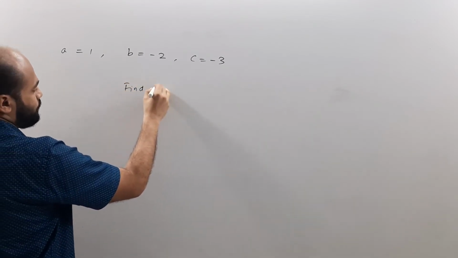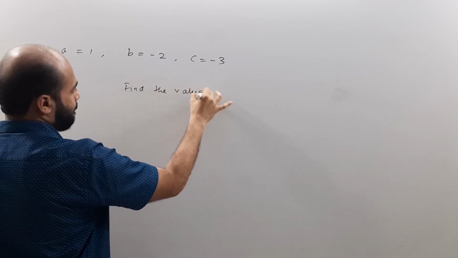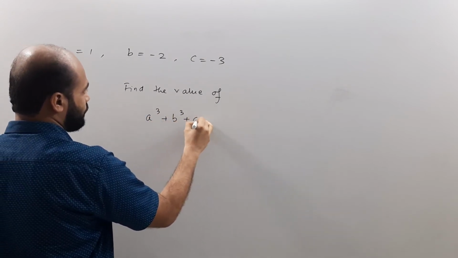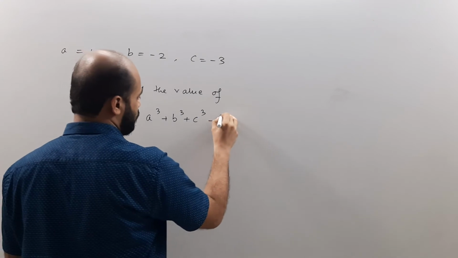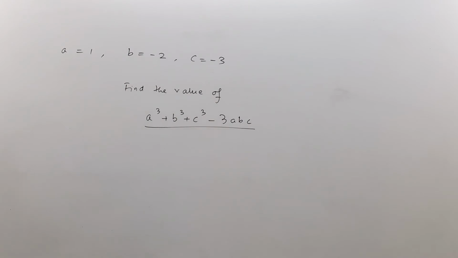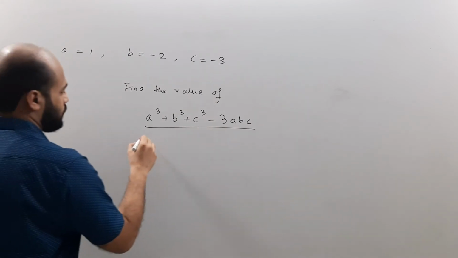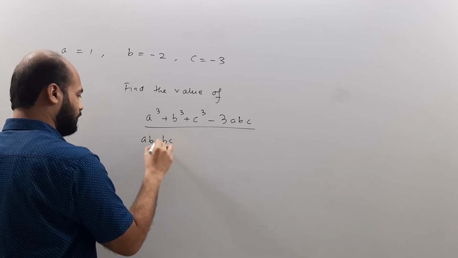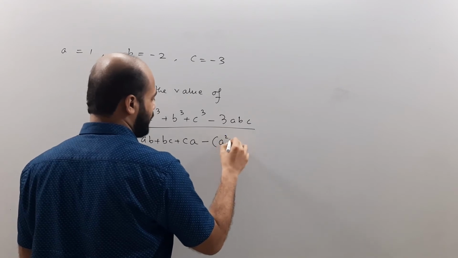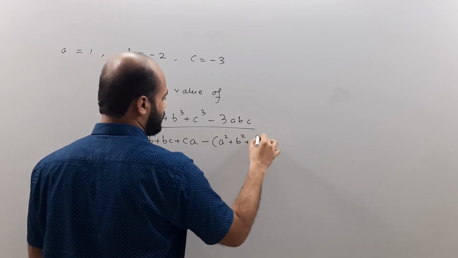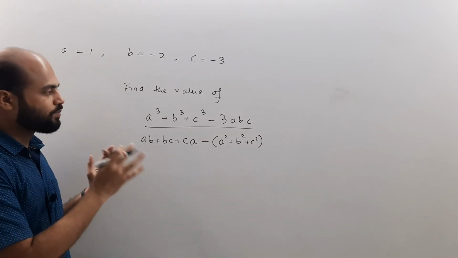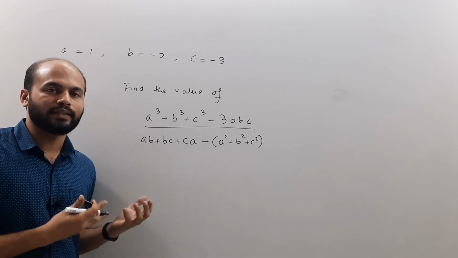Find the value of a cube plus b cube plus c cube minus 3abc by ab plus bc plus ca minus a square plus b square plus c square. So this is the value we have to find, the value of this particular expression. You can pause the video and you can try this problem.